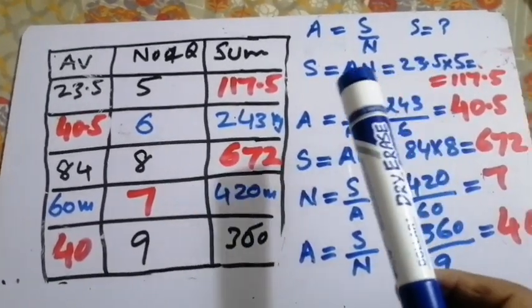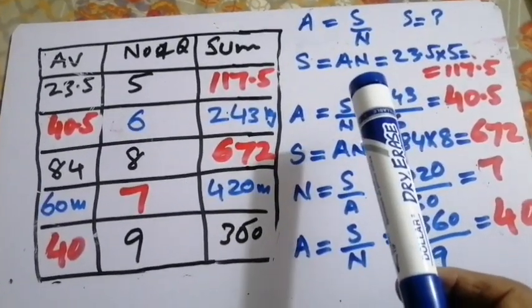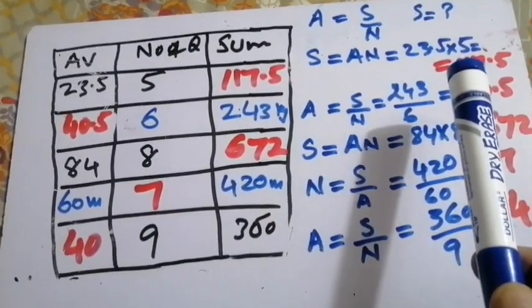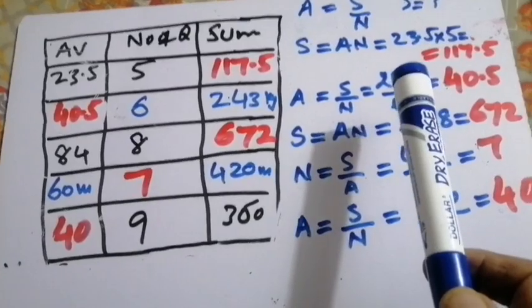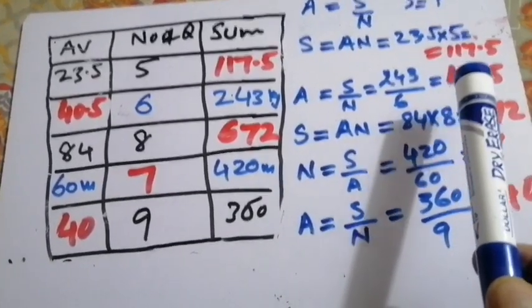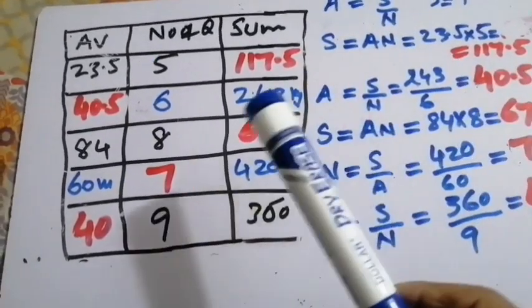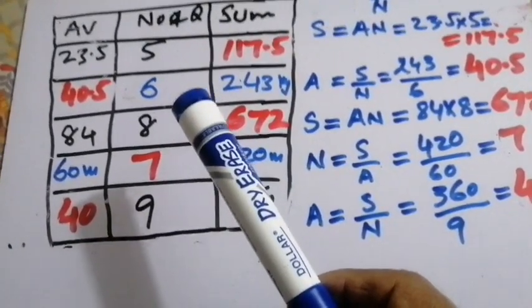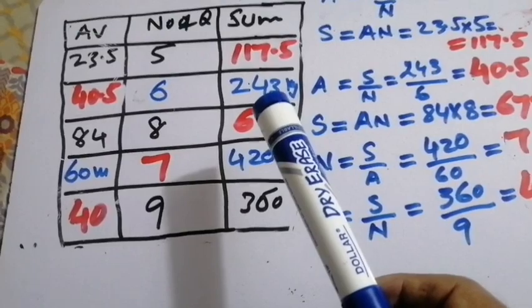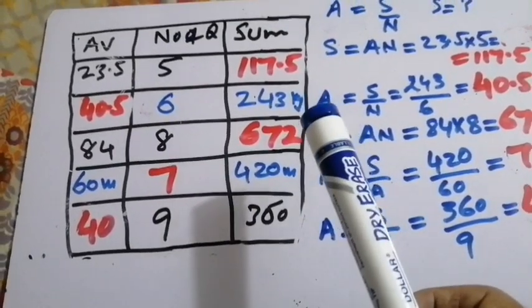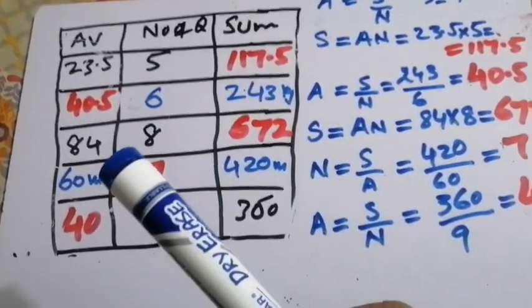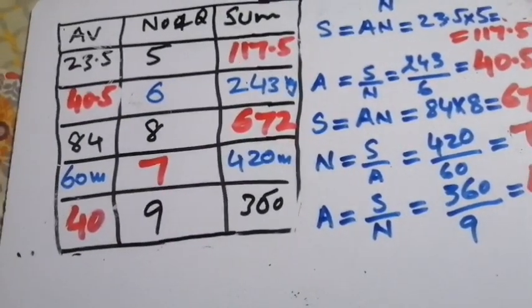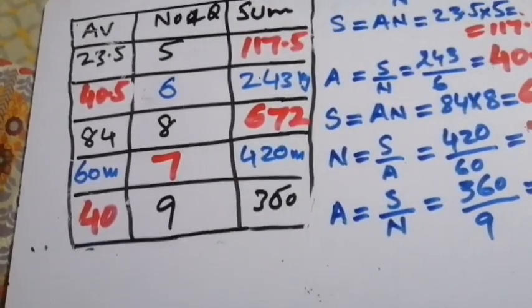So A is 23.5 multiplied by 5. When we multiply it, it gives 117.5. In the second part, the number of quantities is given as 6, and the sum is given as 243 kilograms. We are going to find the average.